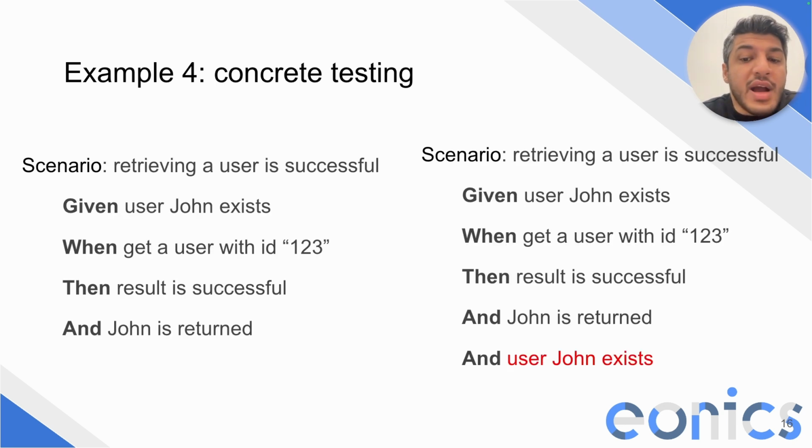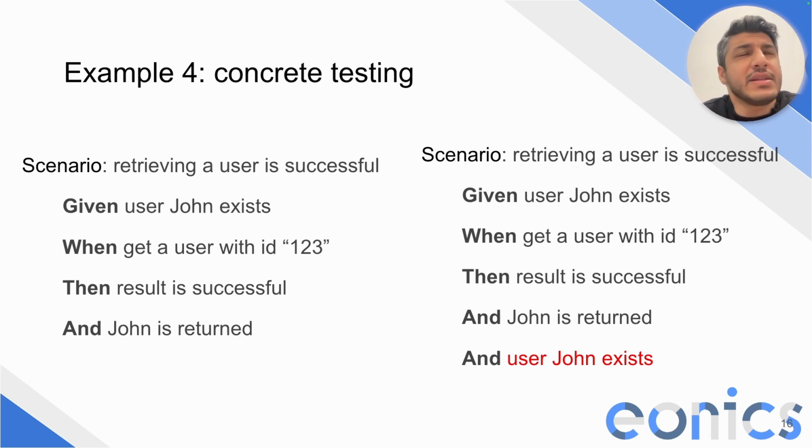So for more concrete testing also, as I said, we can check if the returned result is as we wanted it to be, but we also have to make sure that the data that we wanted to create, for instance, is in fact created in a database.